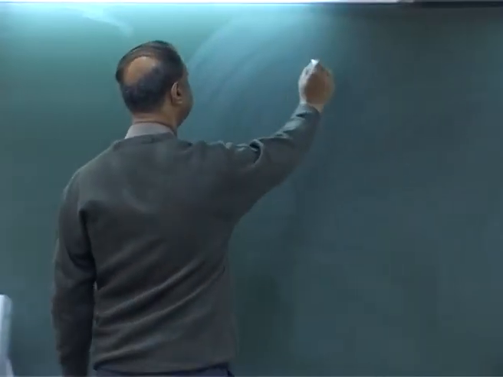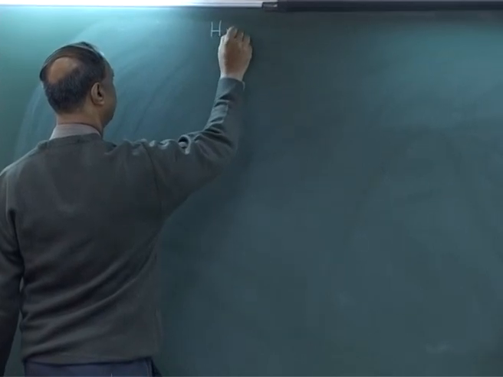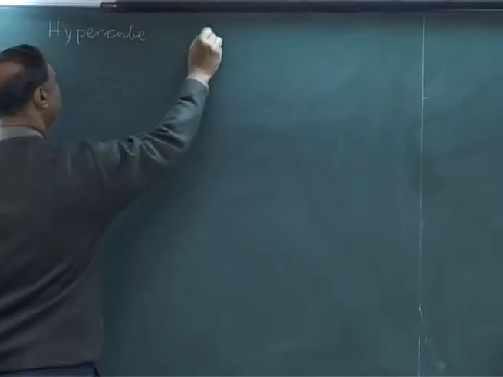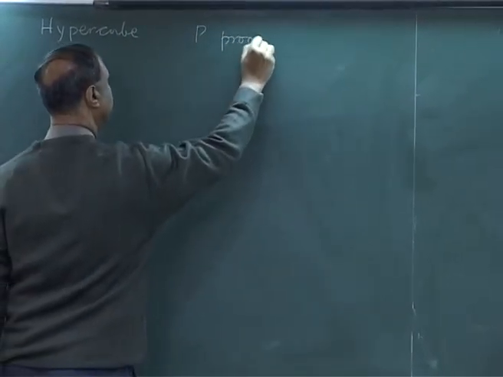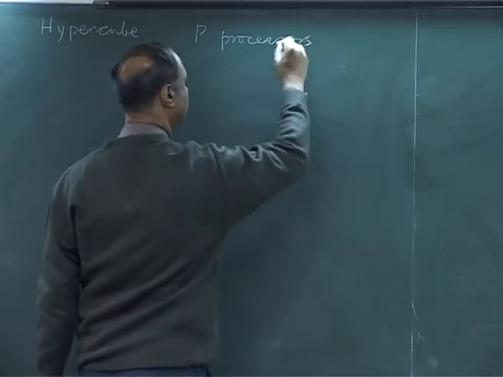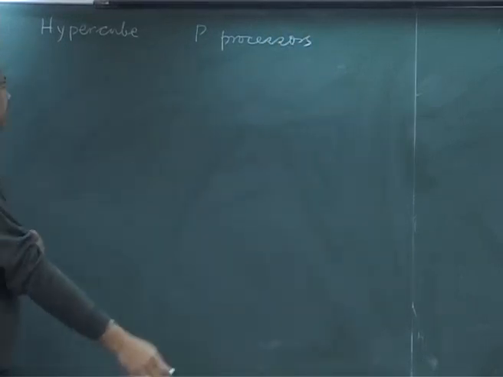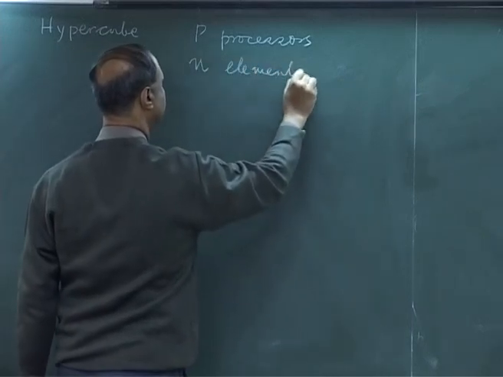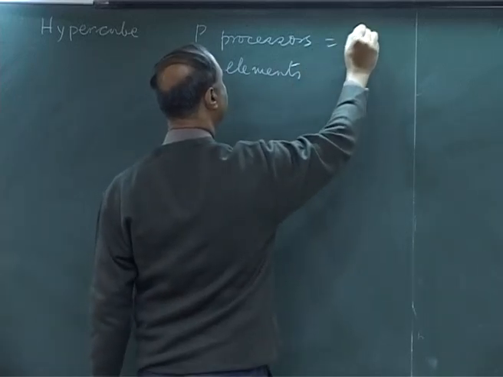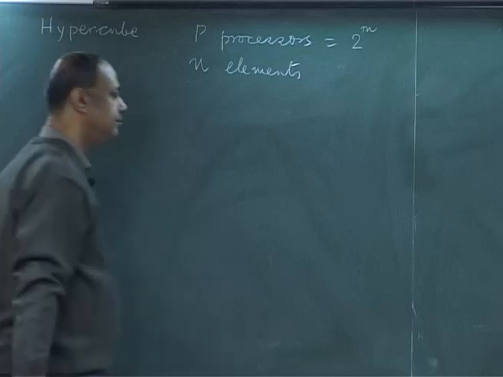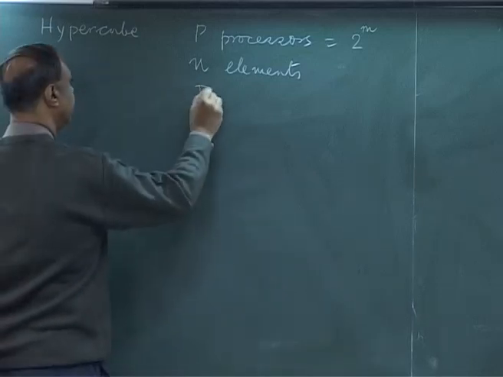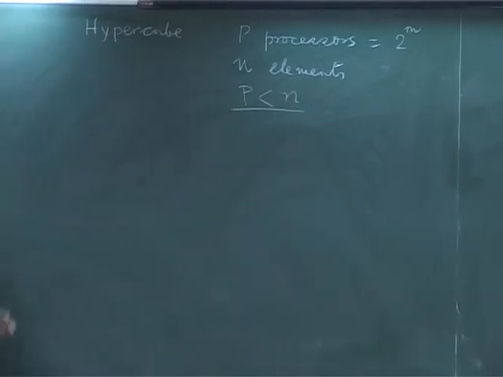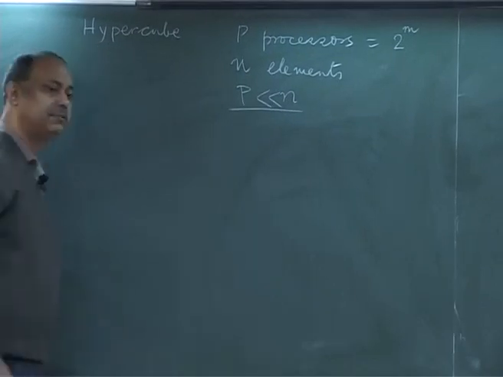If you have a hypercube with P processors and n elements, P is equal to 2 to the power m, P is less than n, and maybe you can think that P is much smaller than n.